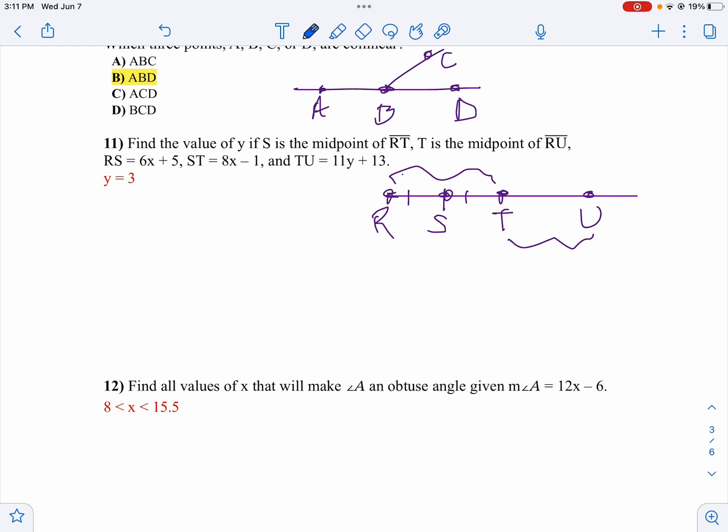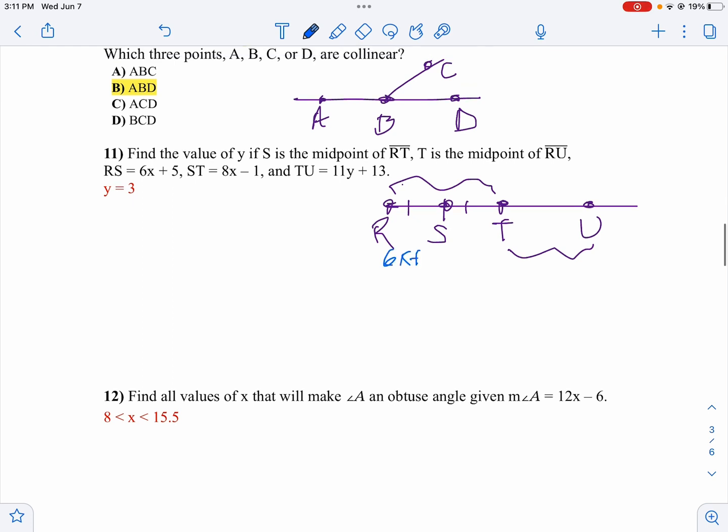We're told RS is 6x plus 5. We're told ST is 8x minus 1. And we're told TU is 11y plus 13.